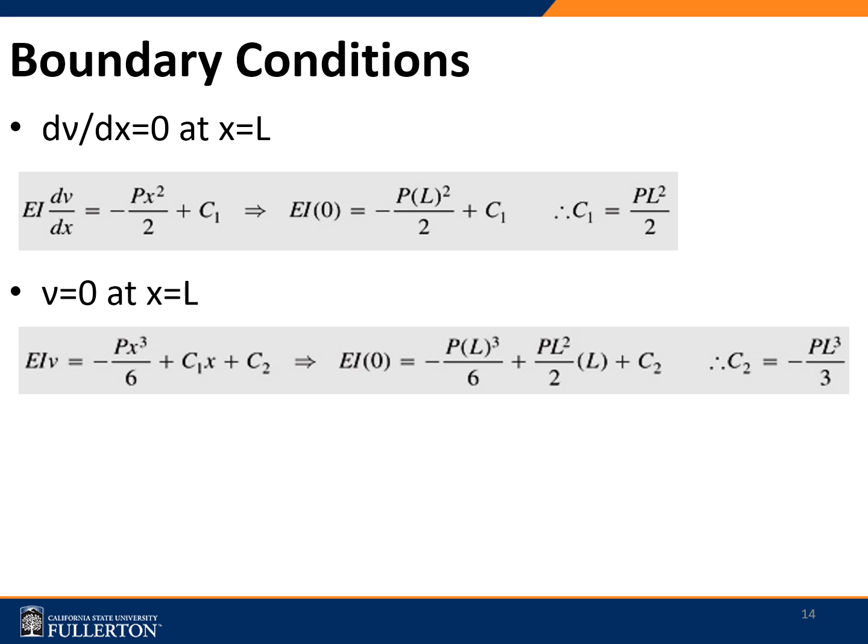To determine the constants, at the point L, we know the slope would be equal to 0, so we could determine the constant C1. C1 would be PL squared over 2, and then again at point L, the deflection would be equal to 0, with which we could calculate the second constant, which will be negative PL cubed over 3.